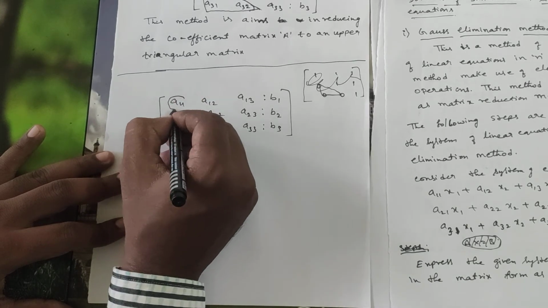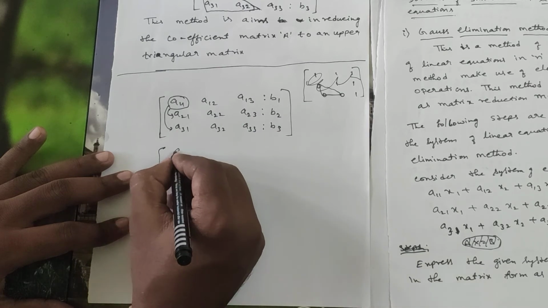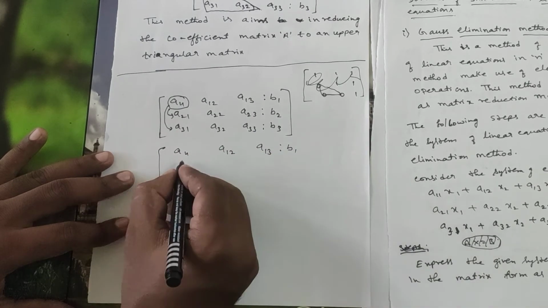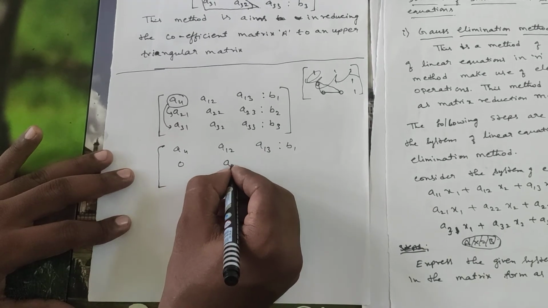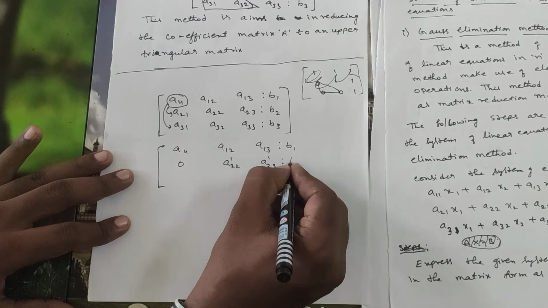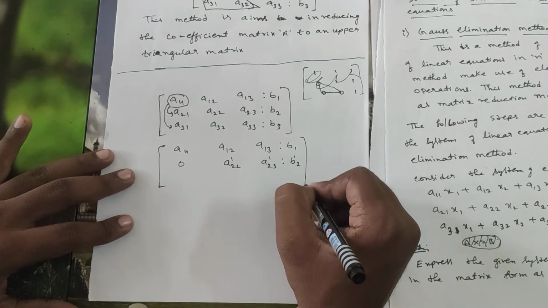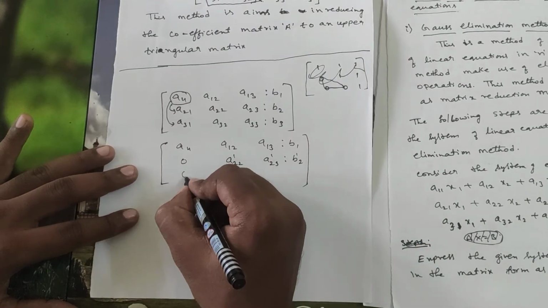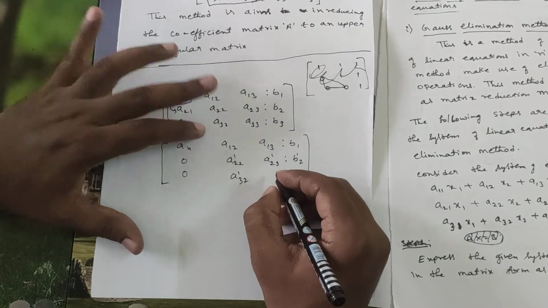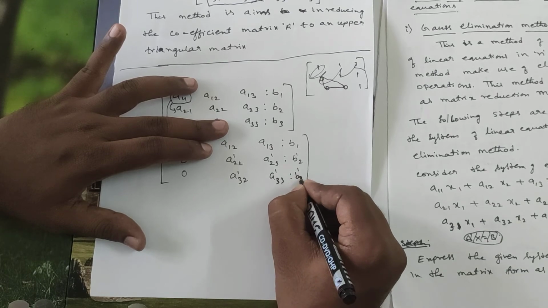So using R1, make the R2 and R3 elements 0. This element becomes 0 and you will get a new element here, and here also you will get new elements. Here this element will be 0, and we'll get a new a32, a new a33 and a new b3.